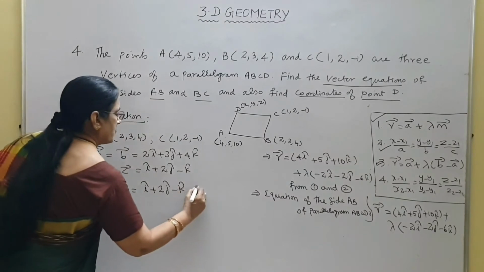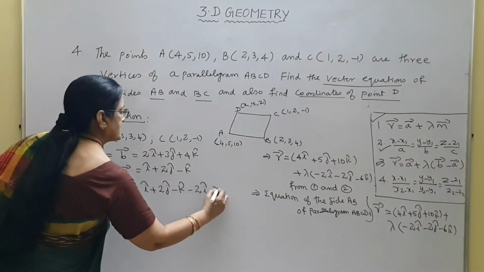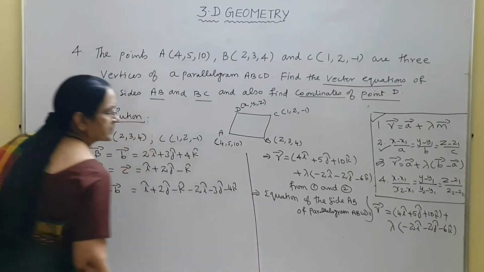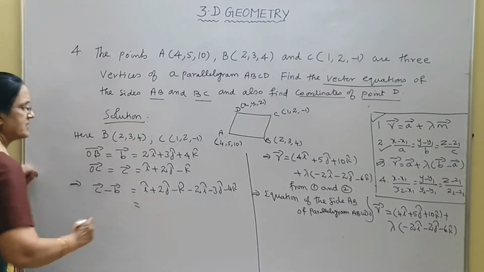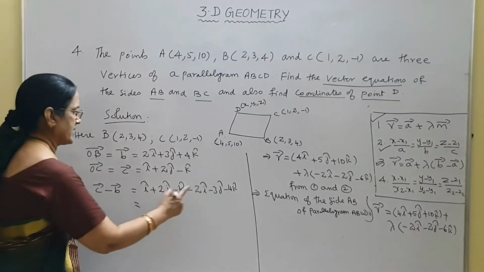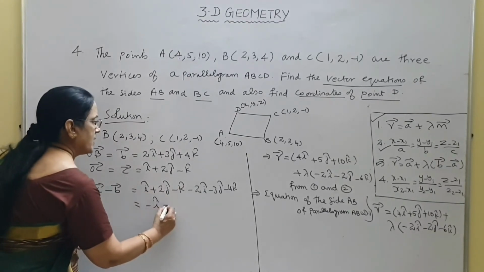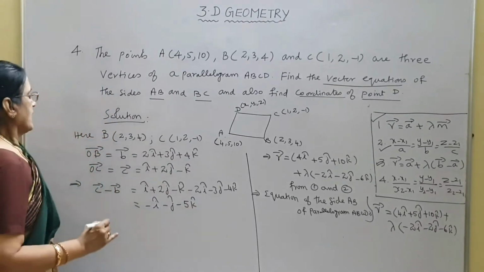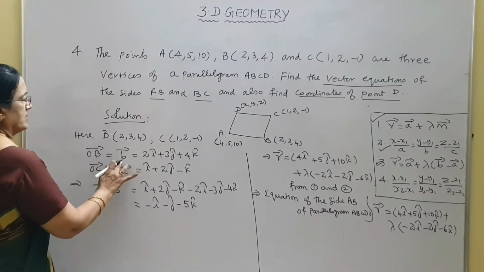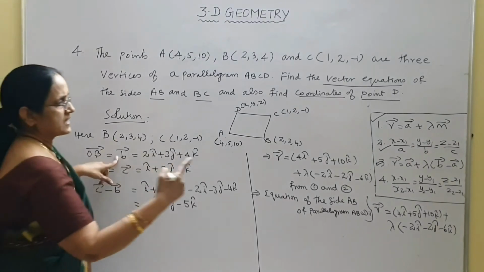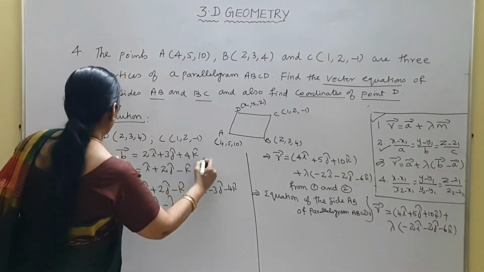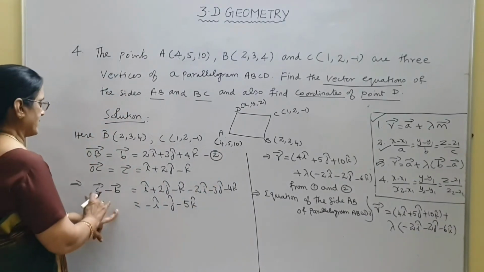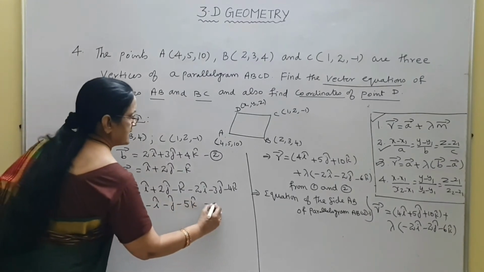So that will be minus 2i cap minus 3j cap minus 4k cap, which is nothing but, when I collect the like terms, minus i cap minus j cap minus 5k cap. Let me name this vector b. In the beginning itself, I named it as 2. So let me make the same notation here, 2. And let me name c vector minus b vector as 3.